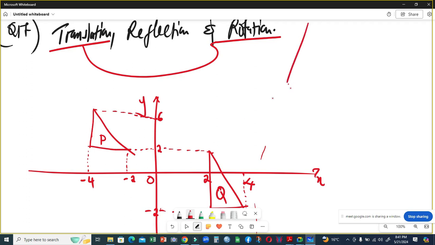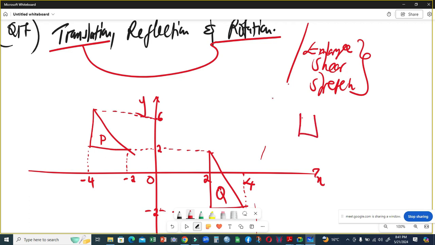But if we go to paper 2, where we also appreciate enlargement, shear, and stretch, these three types of transformation, when they map an object to its image, the shape will be different. For enlargement, if this is an object, either the object will be big or very small.